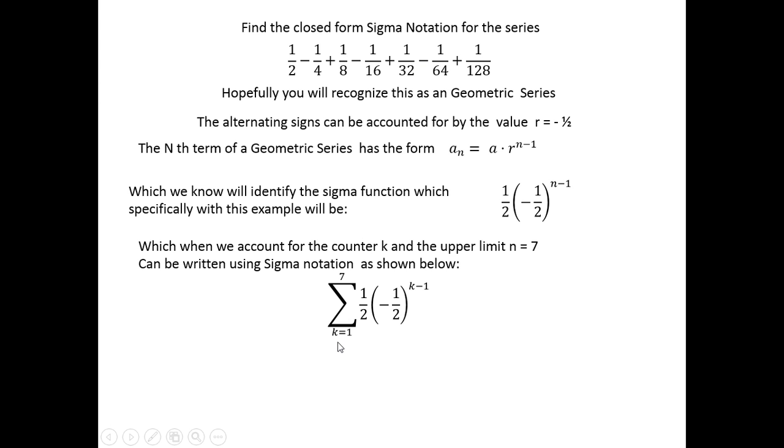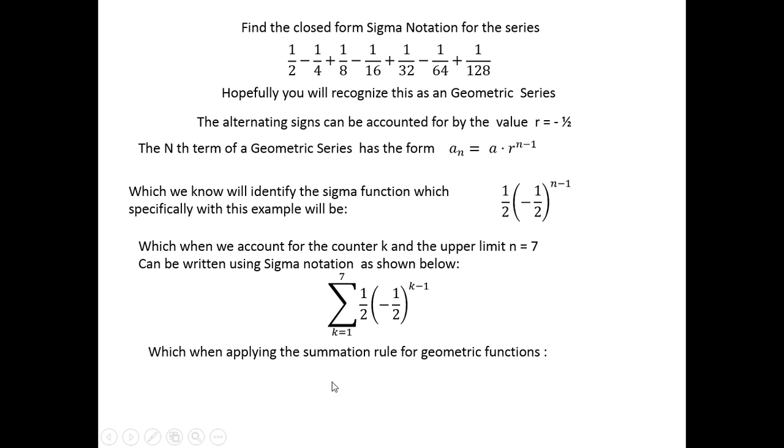And you should agree that the appropriate sigma notation for this geometric series would be expressed with this notation. You can and maybe should generate those terms via this notation to see if they come back, okay? But I think you can trust that they will.